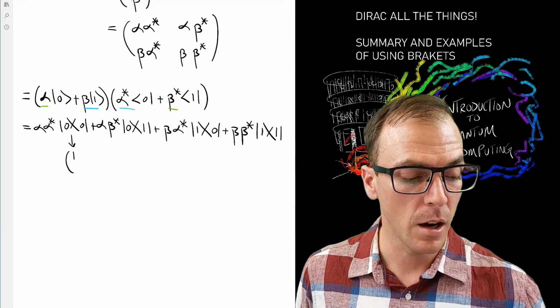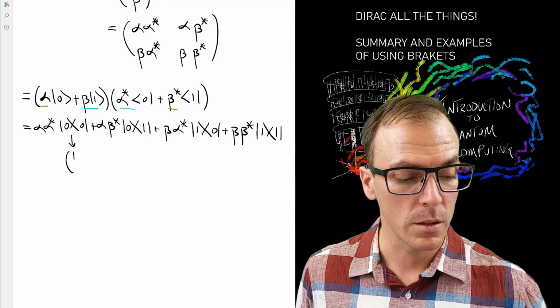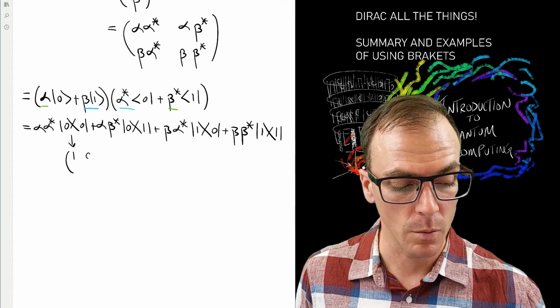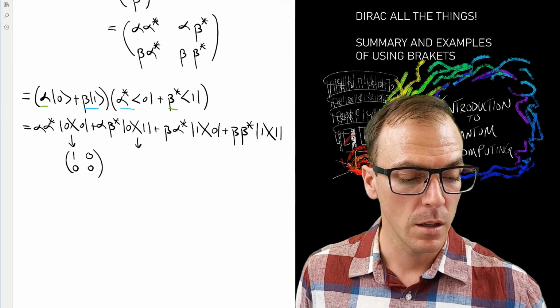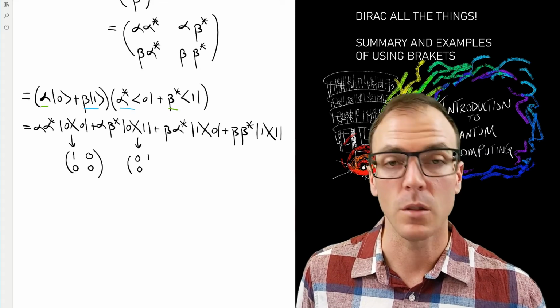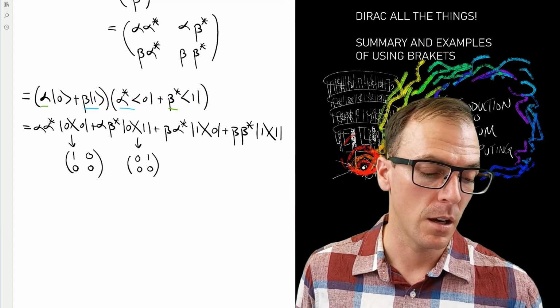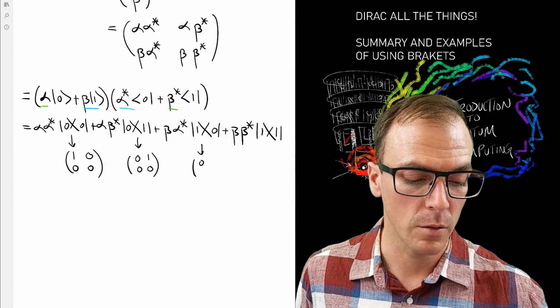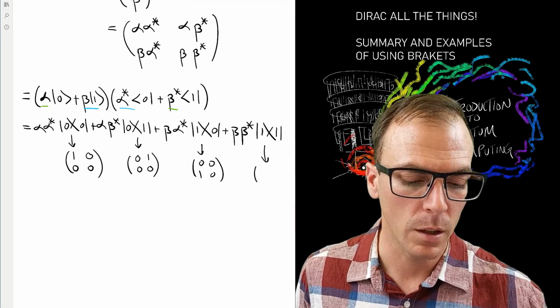So that ket bra object 0, 0 is one with the 1 in the upper left entry. The next one has a 1 in the upper right entry, and so on. So we have 1 in the lower left, and then finally 1 in the lower right.